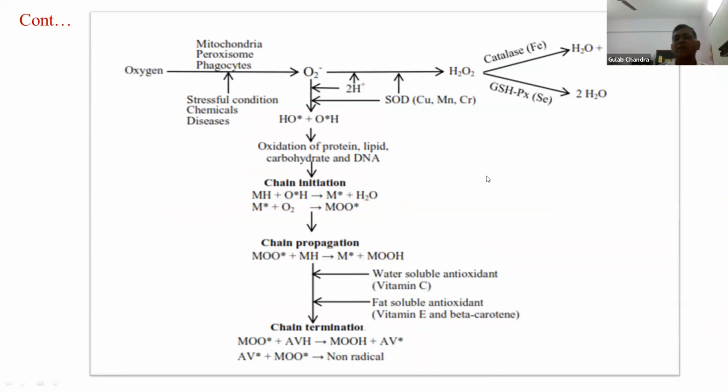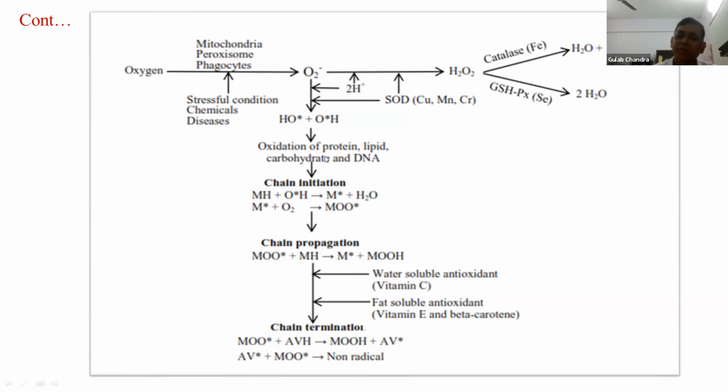This is the summary of how free radical generation takes place in the mitochondria, peroxisome, and other conditions, and how these free radicals are neutralized by catalase, glutathione peroxidase and superoxide dismutase.